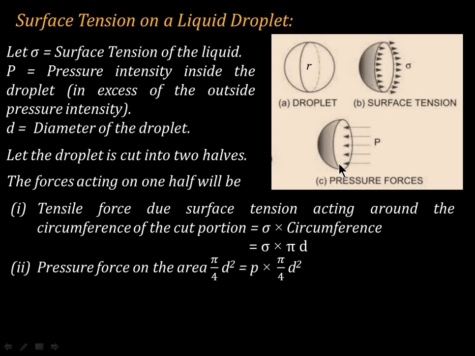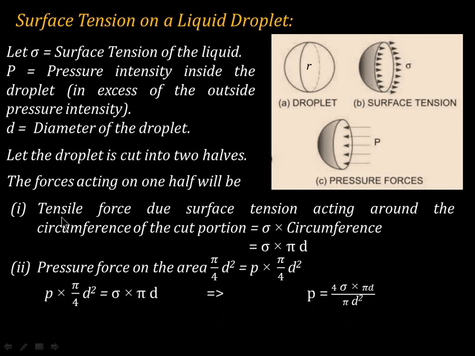So the pressure force on the area pi by 4 d square will be represented by P into pi by 4 d square. Now how did we come to this formula? We know that P is equal to F by A, pressure is equal to force upon area. So if we want to calculate force, force will be equal to pressure into area. That's why the formula is in this way.